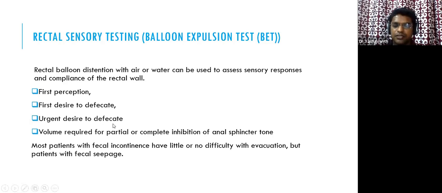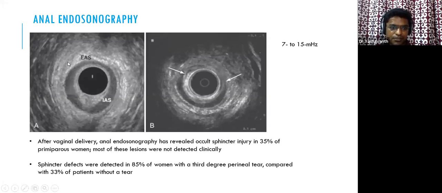Urgent desire is beyond 300 ml. And the volume required for inhibition depends on the individual, usually around 150 to 200. That's where the inhibition of anal sphincter tone occurs. Most patients with fecal incontinence have little or no difficulty with evacuation, but patients with fecal seepage will have difficulty in expulsion.